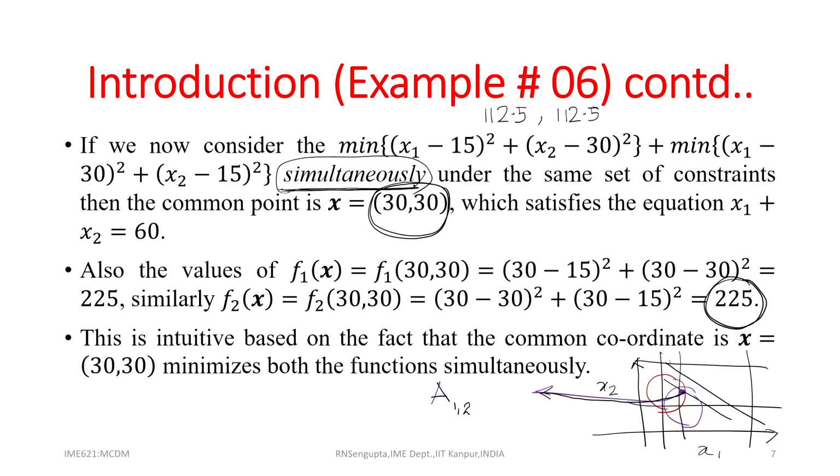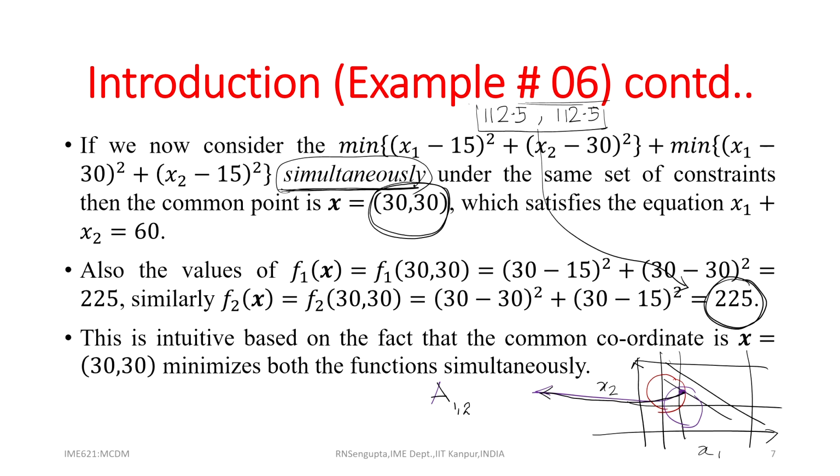But when I combine them, the combined f1 + f2 is just the sum, which is 225 as shown in the second bullet point, and the coordinates are also different.